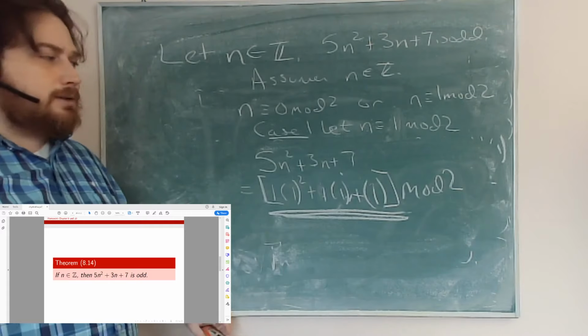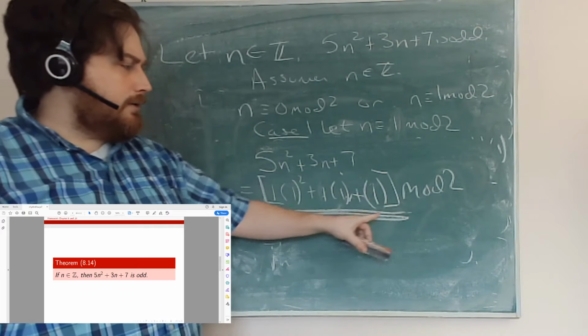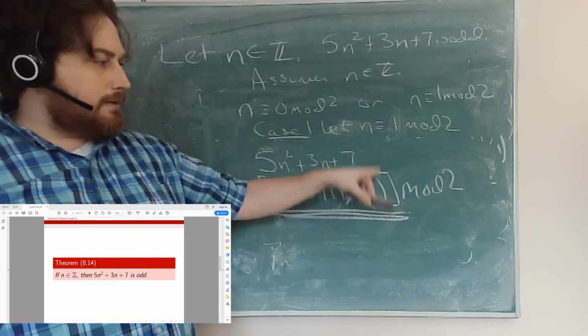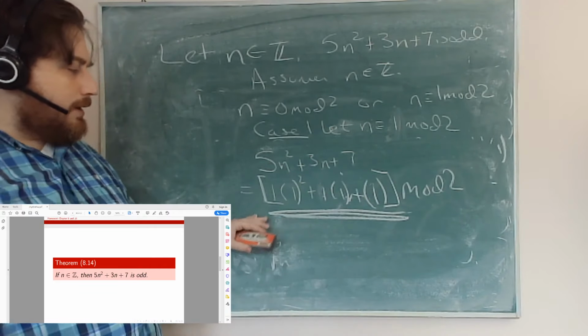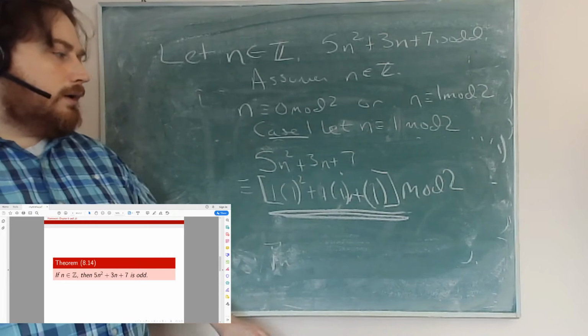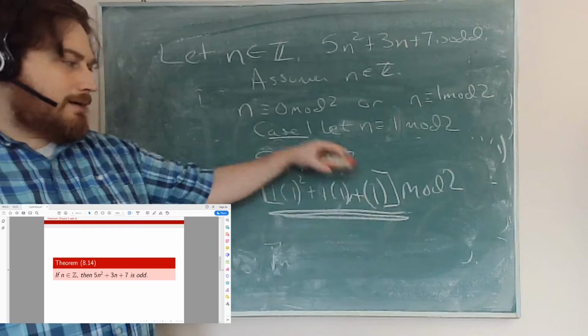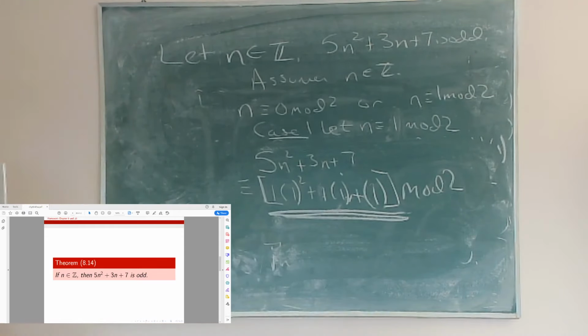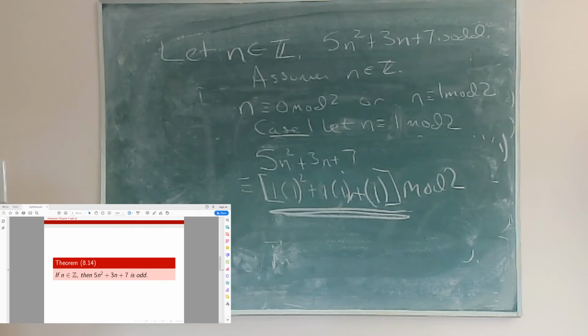That's not just to the 7, doesn't become 1 mod 2. 5 becomes 1, n becomes 1, 3 becomes 1, n becomes 1, and 7 becomes 1. But I have to remember that I'm working mod 2 overall, so I put that at the end to say everything's still working mod 2. All right, good. I'm glad I cleared that up.